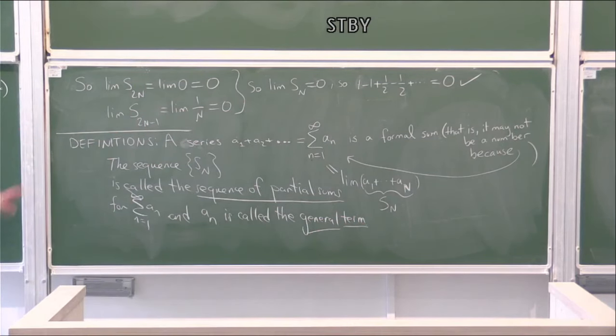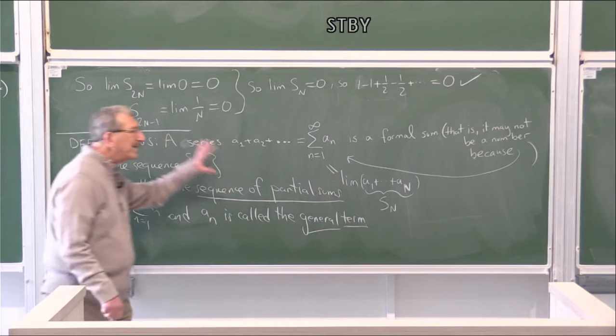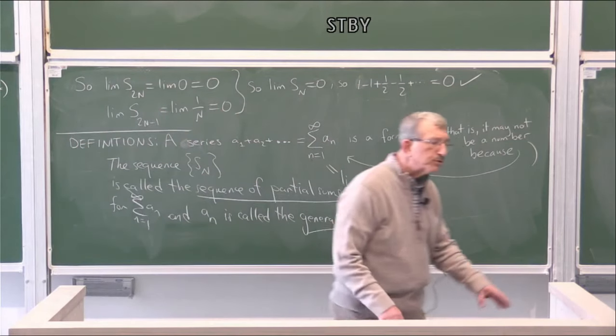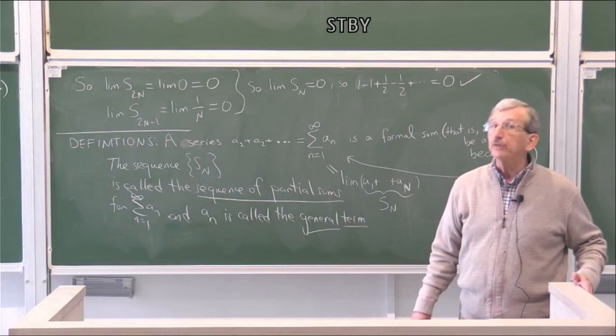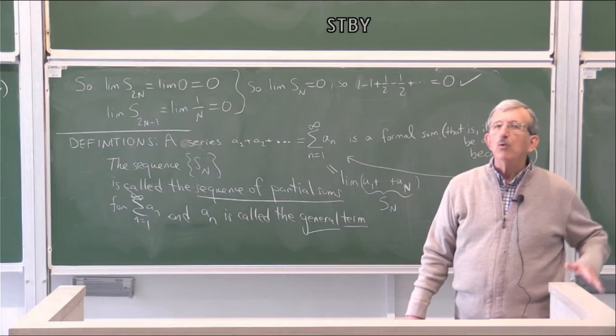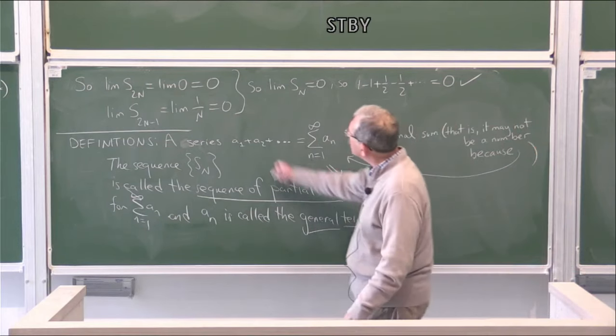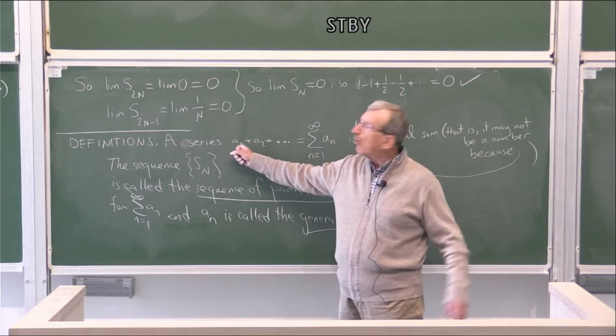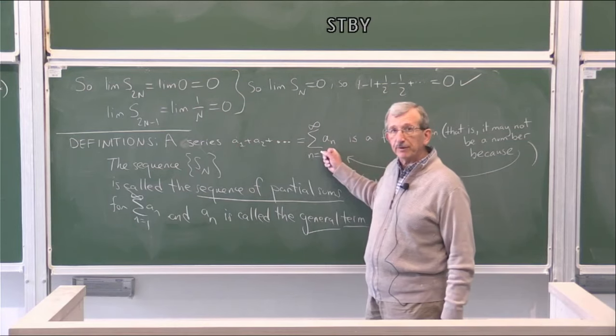Note that when we are adding infinitely many terms, we have two sequences in question. One of them is the sequence An. Of course, it's important. It defines the series.